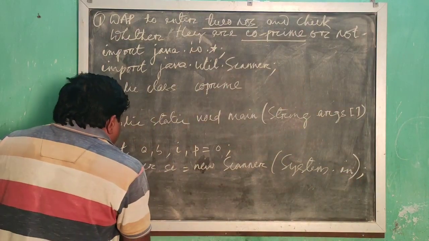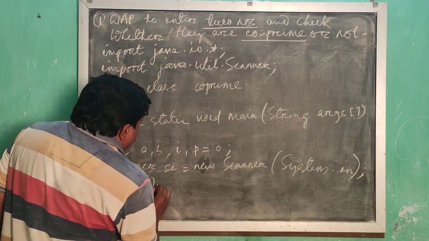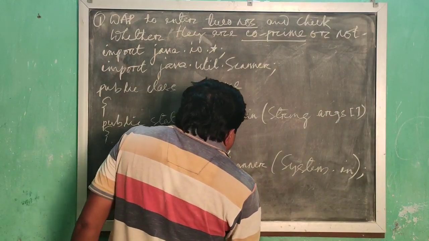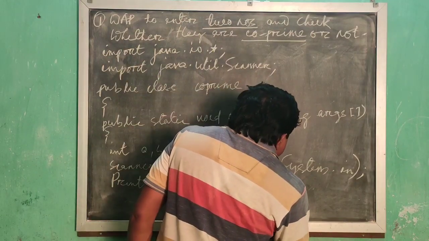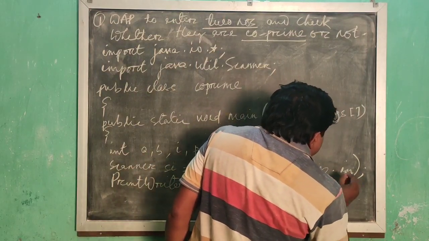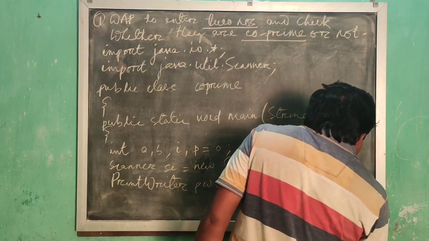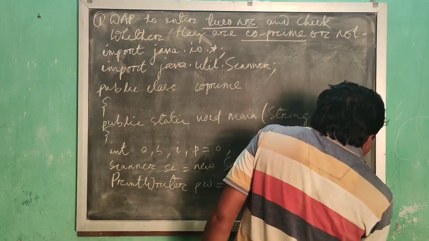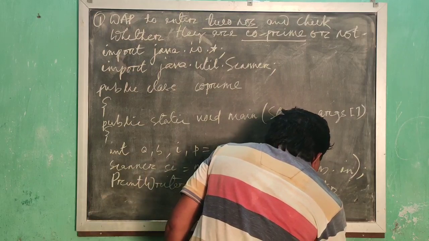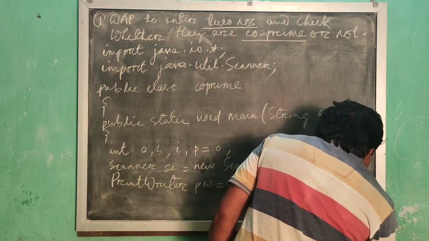PrintWriter pw equal to new PrintWriter within bracket System dot out comma true.